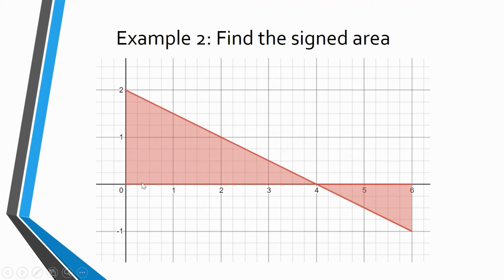Notice that for some of the time, the line is going to be above the x-axis, and for some of the time, the line is going to be below the x-axis. That means this area that's shaded above the x-axis is going to count as a positive, and this area below the x-axis is going to count as a negative.